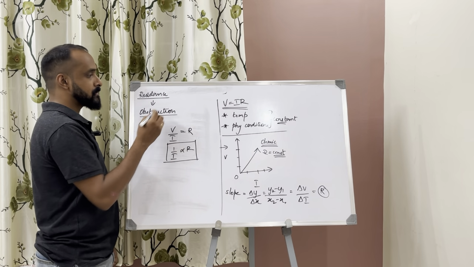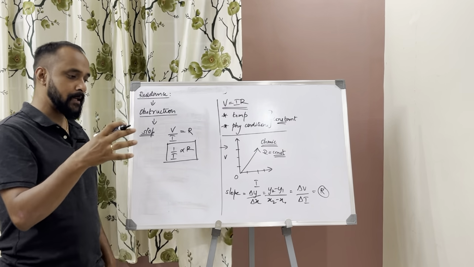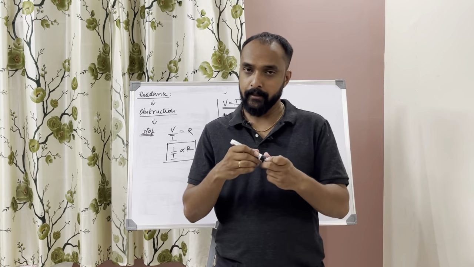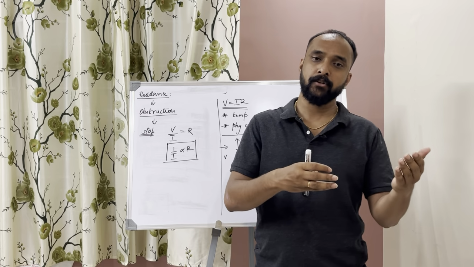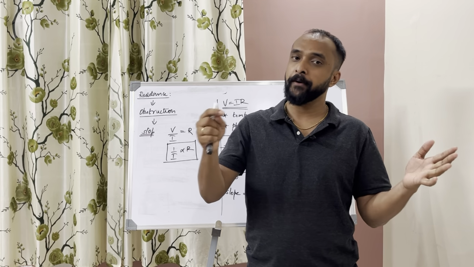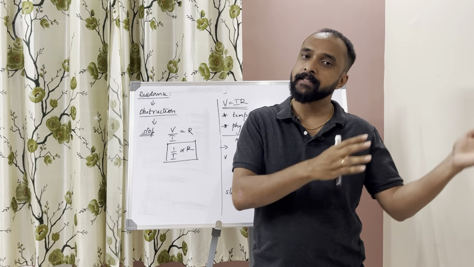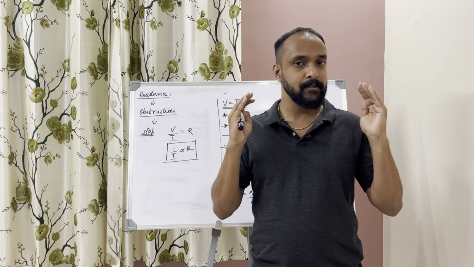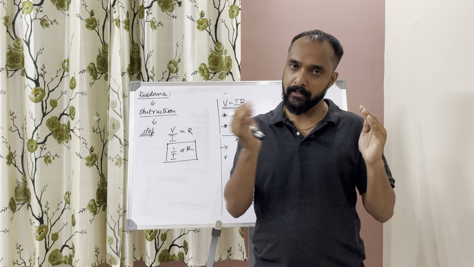So what causes this resistance? If you've seen our previous classes, we have seen about the structure of a conductor. In the conductor, we have electrons. If you just take 1 coulomb also, we have 6.25 times 10 to the power 18. Similarly, you will have the same number of protons also. So the path itself is going to be very congested from one point to the other point.